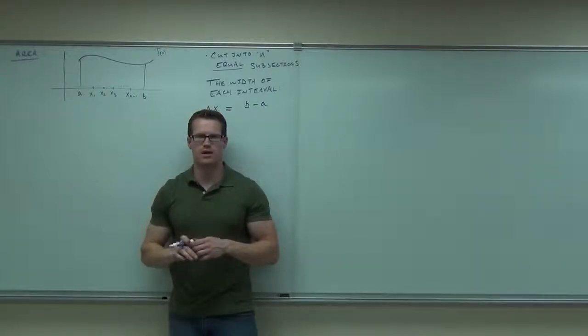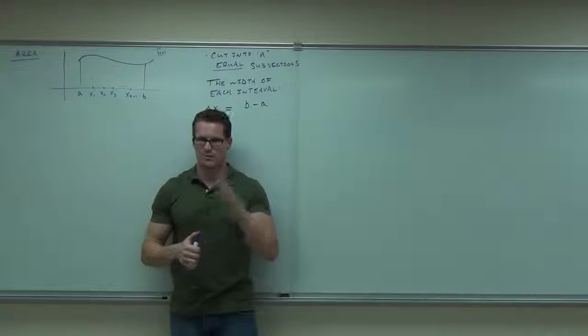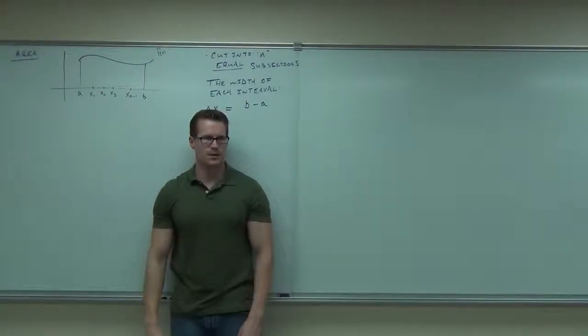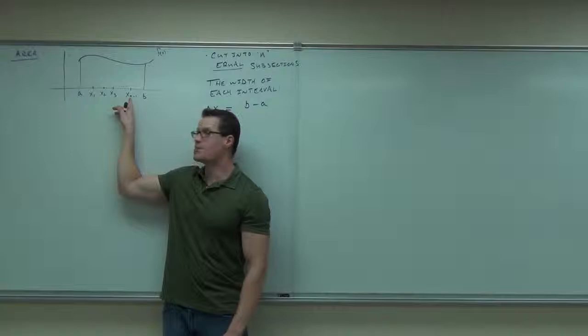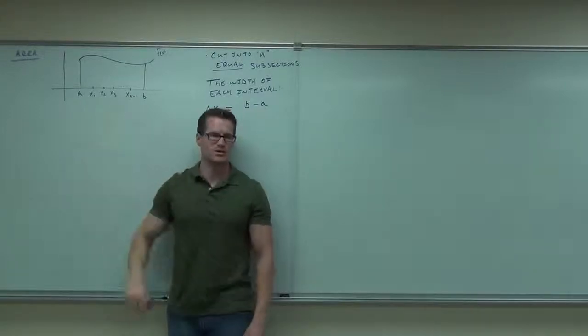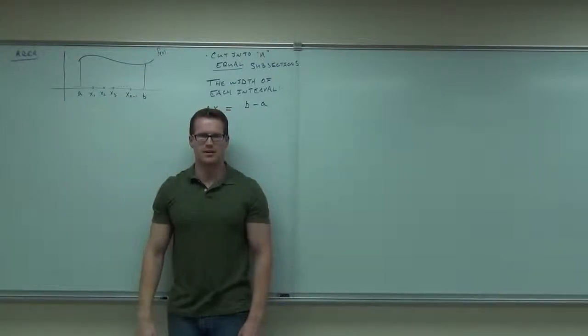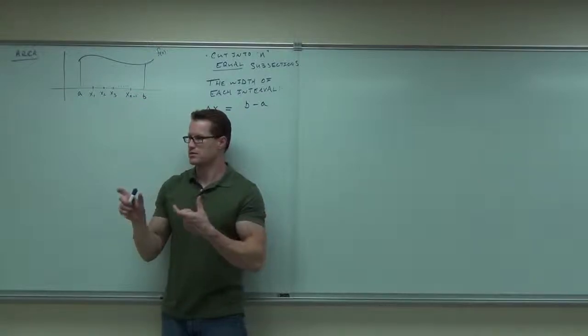If you cut a loaf 1 time, how many pieces do you get? If you cut it 3 times, how many pieces? 4. If you cut it 8 times, how many pieces? 9. Extrapolate that concept. You cut n minus 1 times, how many pieces do you get? n. Do you understand we have n subsections here?